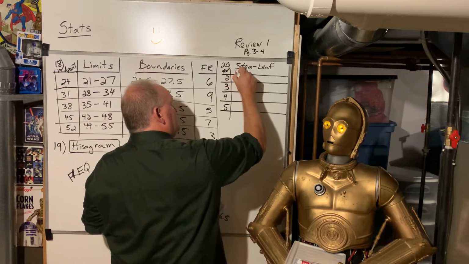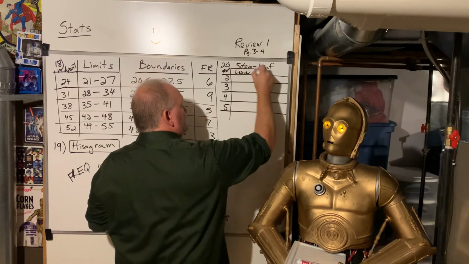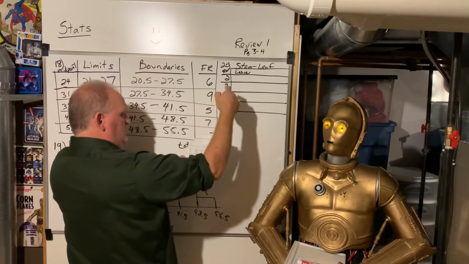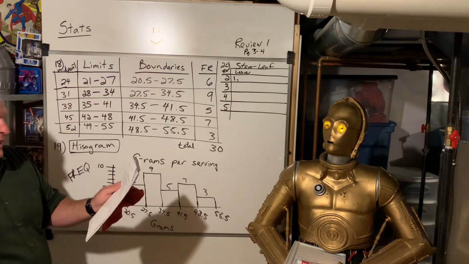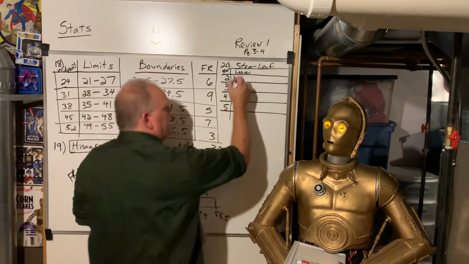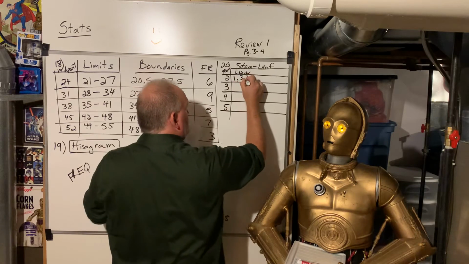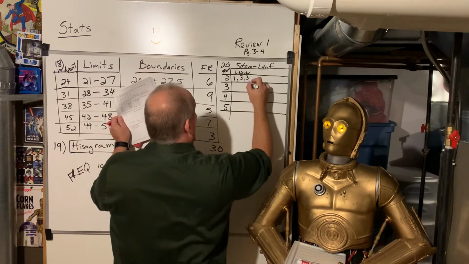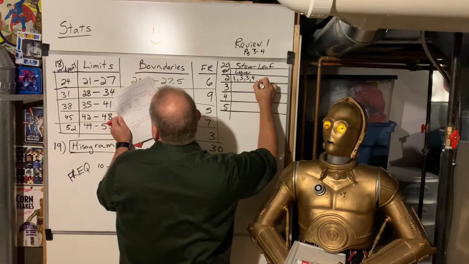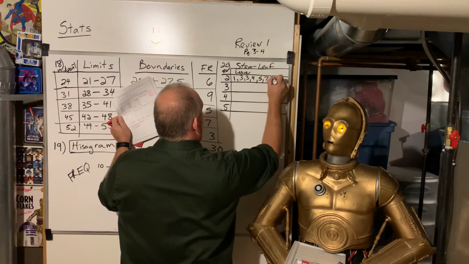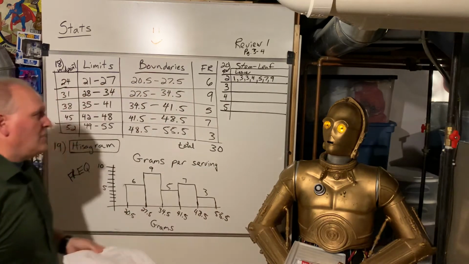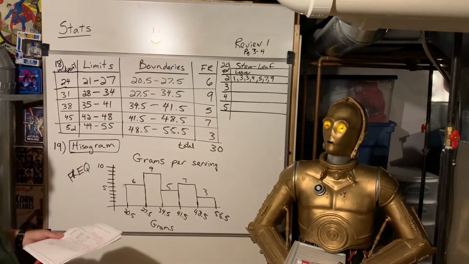And now the leaves are 21. So you don't put the 21, you just put the 1 part from the 21. 23, 23, 24, 25, 27, and 29. So that's all of the numbers that are in the 20s.